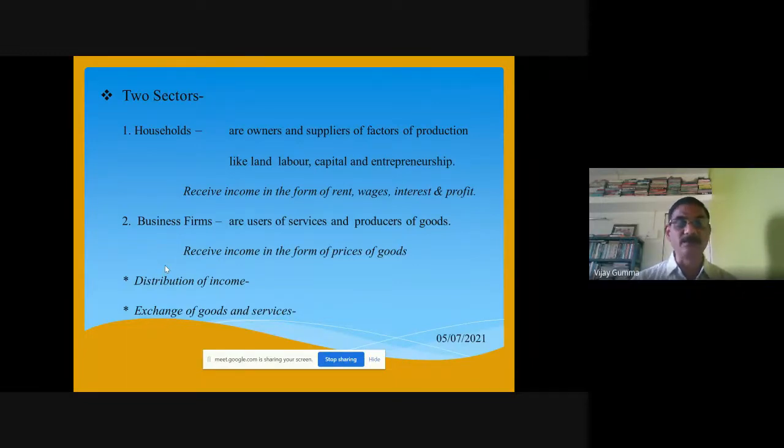Household sector supplies land, labor, capital, and entrepreneurship to the business firm sector and receives income in the form of rent, wages, interest, and profit.